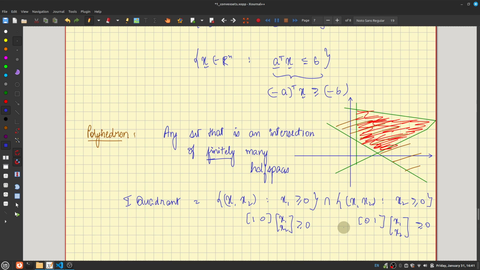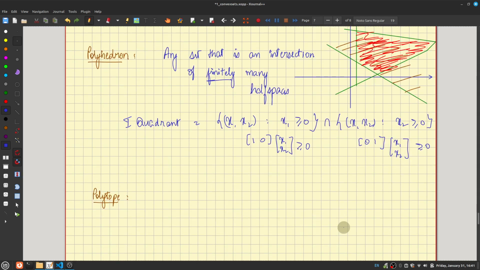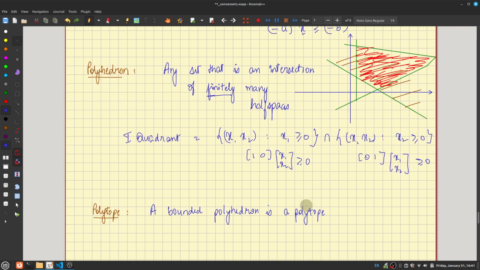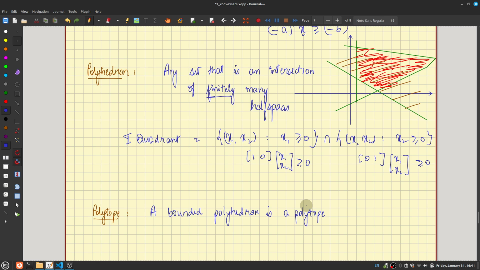Now, if the polyhedron is also bounded, it's called a polytope. Again, this is the terminology that we will use. But one thing to note is that this terminology regarding polyhedron and polytope is not consistent.